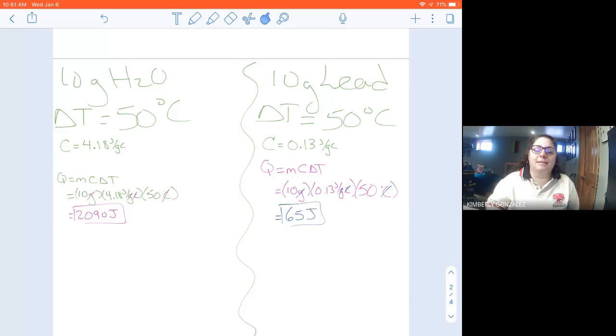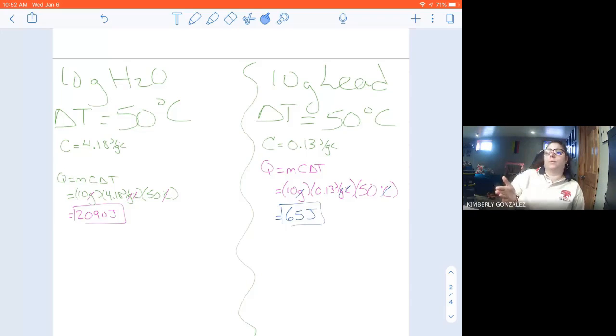Because it's based on your specific heat value. The amount of heat that you need for water is 2,090 joules. For lead, it's only 65. That tells me that lead is going to reach that 50-degree difference much faster than water if everything else is the same.